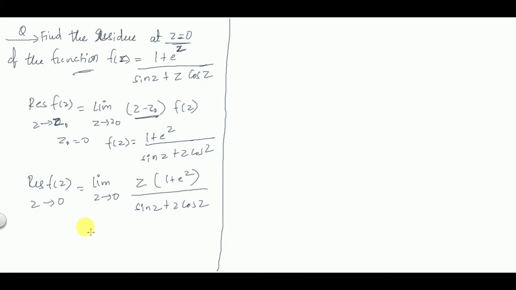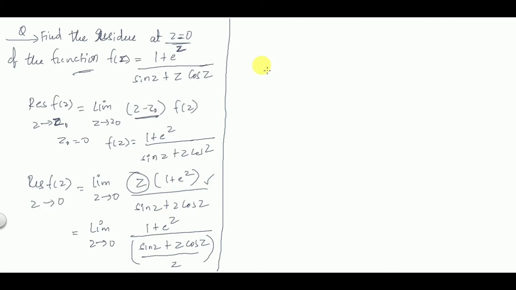So divide by this z which is in the numerator; I am sending it to the denominator. So how can we write this? Limit as z tends to 0 of (1 + e^z) divided by (sin z + z cos z) divided by z. So again z goes to the numerator, and it has the same form.